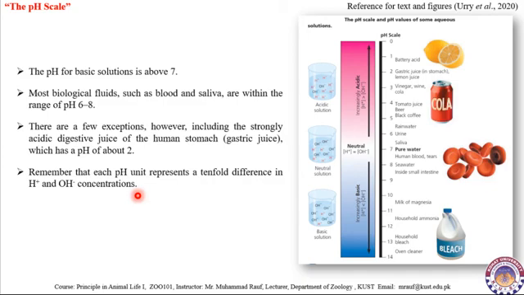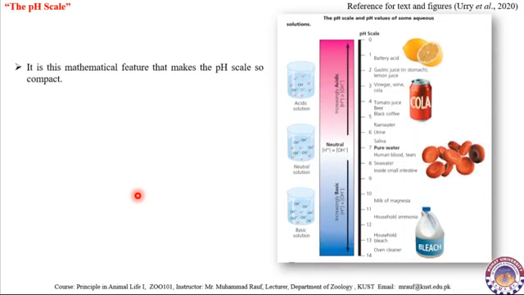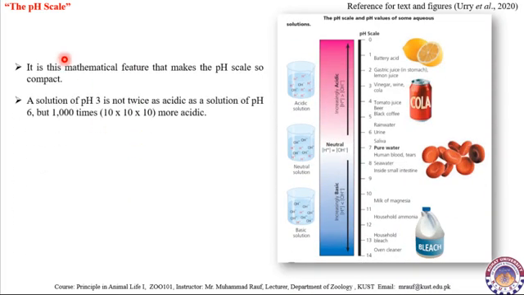Similarly, if the pH drops from 2 to 1, there will also be a tenfold, a 10 times increase in the concentration of hydrogen ions. It is this mathematical feature that makes the pH scale so compact.